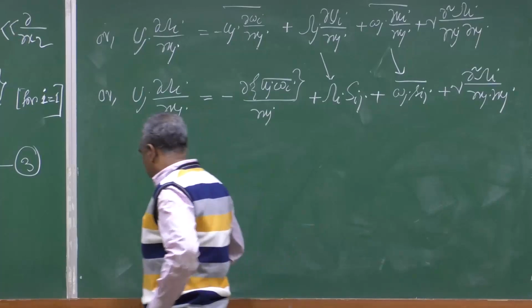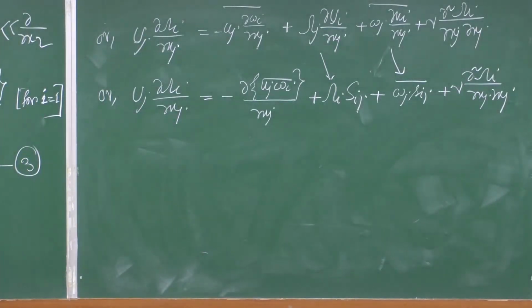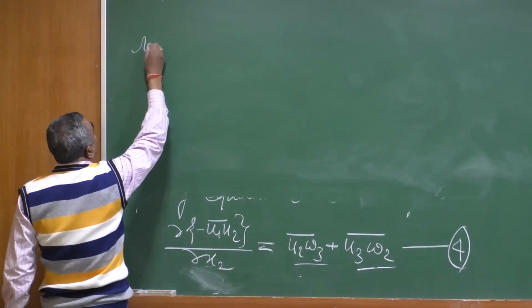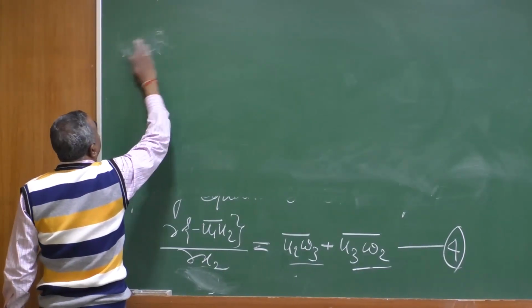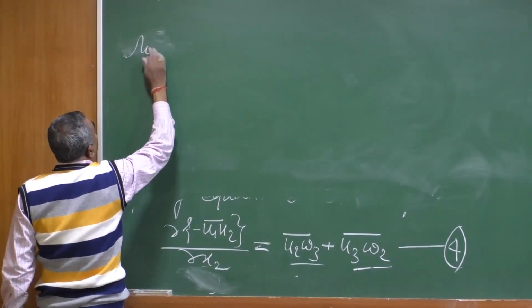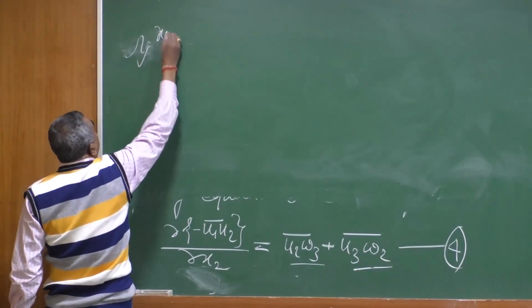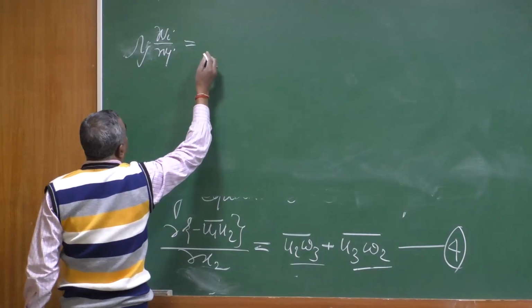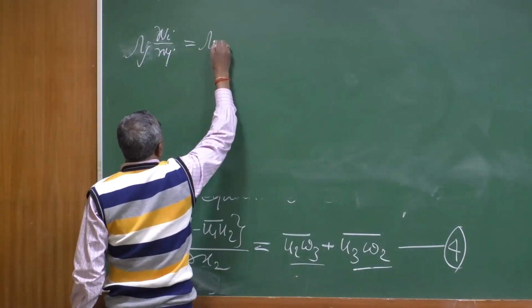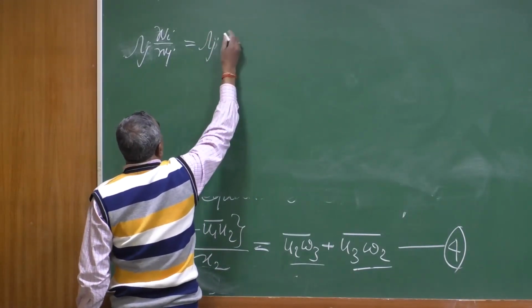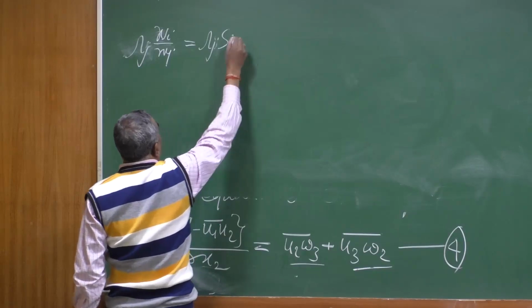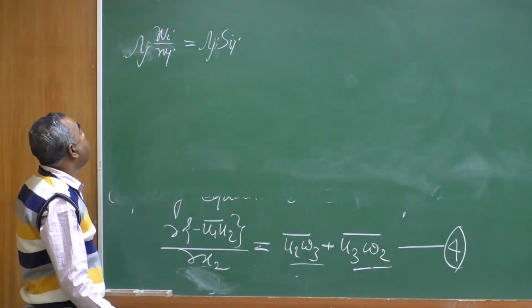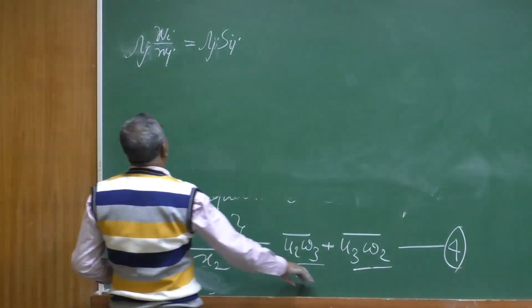Why are we writing omega j del u I del x j equal to omega j S I j? Similarly for the fluctuating part as well. Why? That is what we are going to answer here.